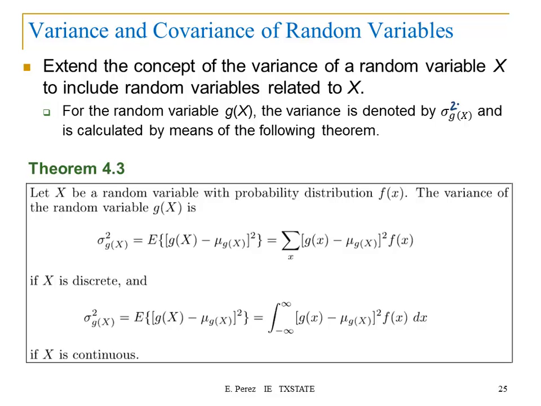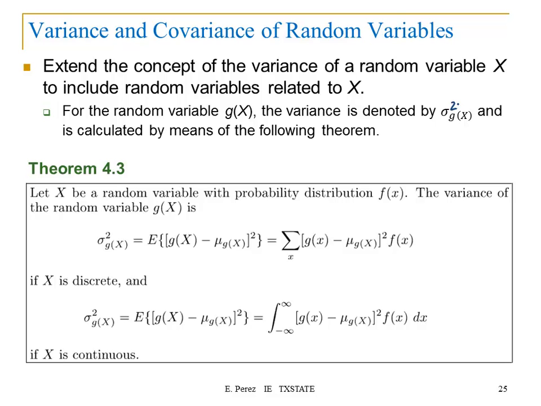Essentially, we are again looking at the difference between the random variable, in this case defined by the function, and the mean, squaring that and multiplying it by the probability. This looks kind of messy, right? But when you look at the problem itself, it's not that difficult.